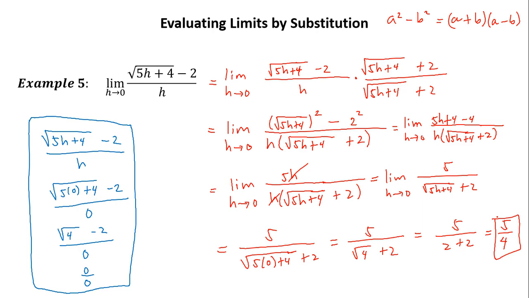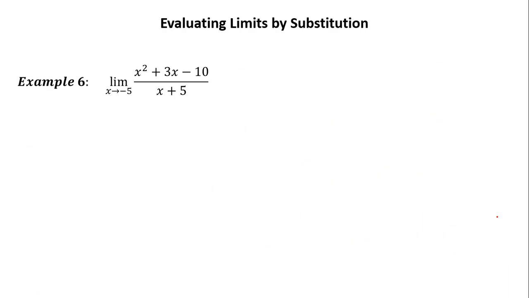Okay, so we have example number 6. We have the limit as x approaches negative 5 of x squared plus 3x minus 10 over x plus 5. Again, you check if the given is a rational function, and whether after substituting the value you produce a 0 over 0.